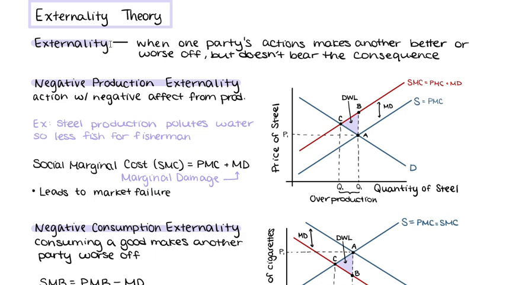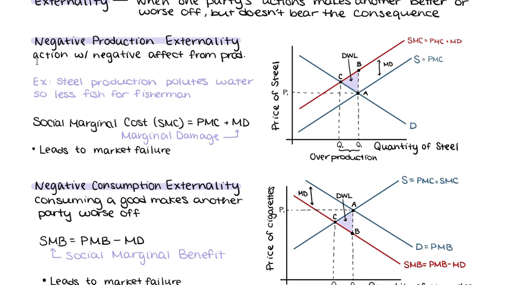So when we talk about externality, most of the time it's negative impact to not only another firm or consumers, but also to those like the environment. Okay, so we have negative production externality, a negative effect.